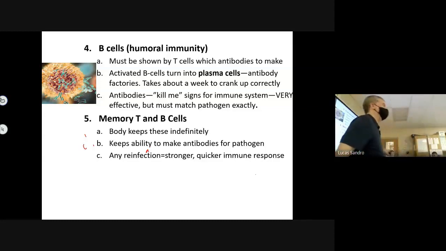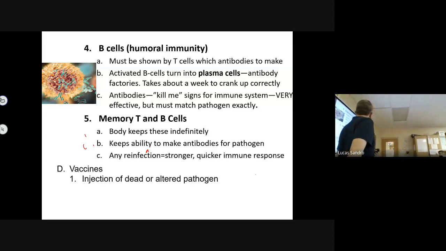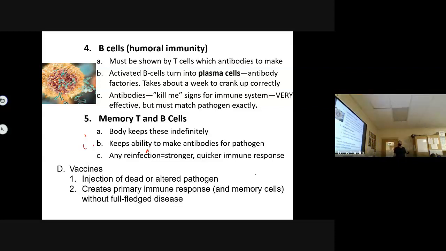Now, basically what happens is you need something that has the right antigens that are similar enough to the real disease, but that won't make you sick, right? It's basically a dead or different enough pathogen. What it gives you is the primary immune response, right?